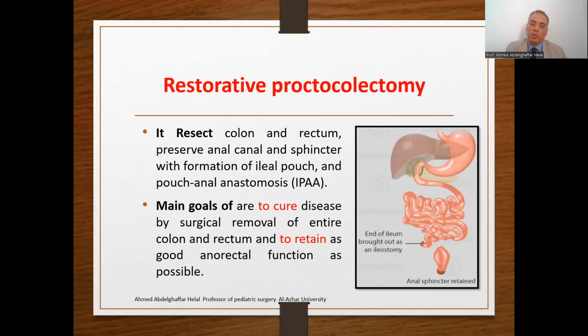Restorative proctocolectomy resects the colon and rectum and preserves the anal canal and the sphincter. Then an anastomosis is performed between the end of the ileum and the anal canal. This will be anastomosed here. The anastomosis may be a straight line or may be after creation of a pouch or reservoir from the end of the small bowel.